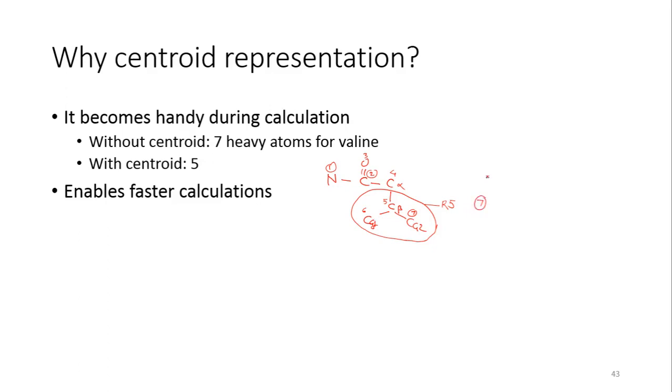So this would enable you to have faster calculations. Okay, so this is what your centroid representation is, and this is why it is essential that we need some abstract way to represent the side chains, and hence we ended up using this centroid representation.